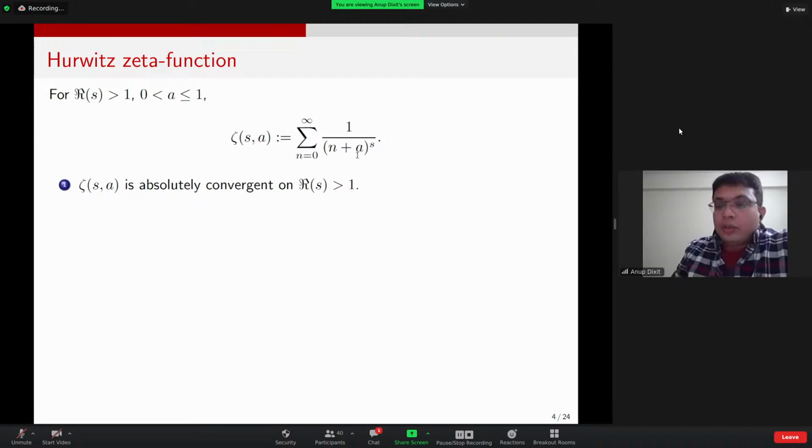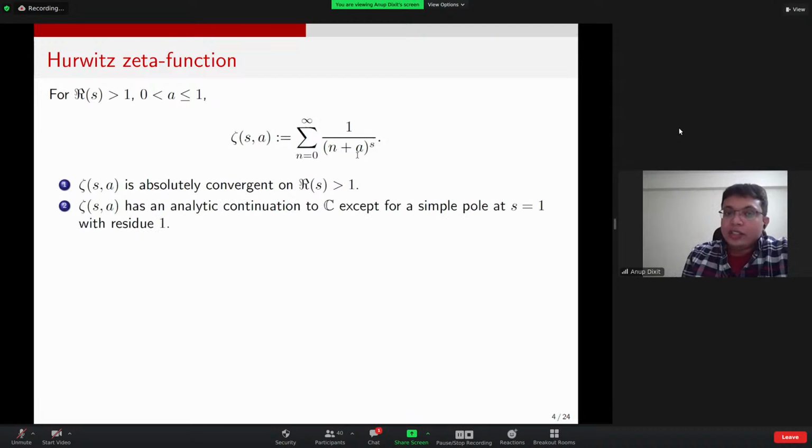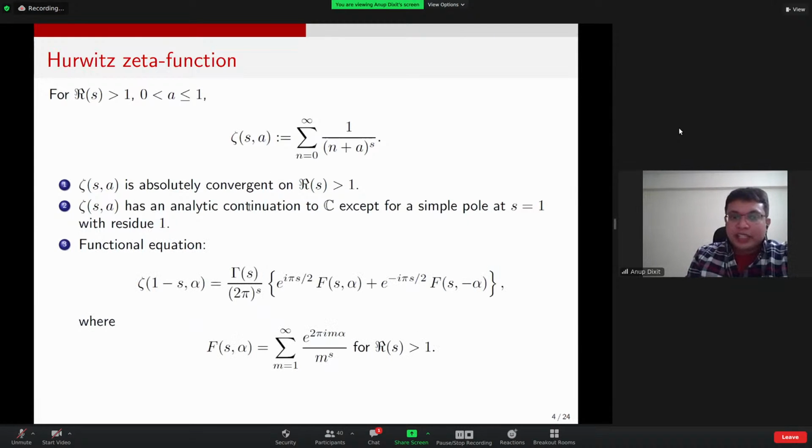It also has an analytic continuation to the whole complex plane, except for a simple pole at s equals 1 with residue 1. So it's very similar to the Riemann zeta function up to this point. Remember that when a equals 1, this is just the zeta function. Beyond that, the similarity disappears.